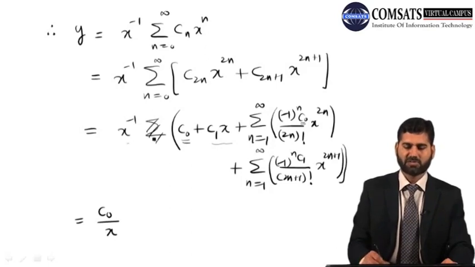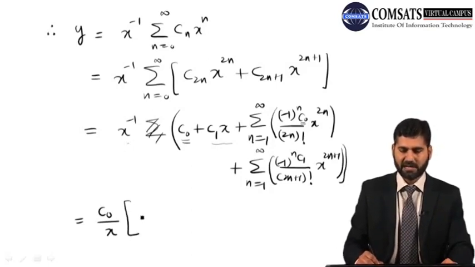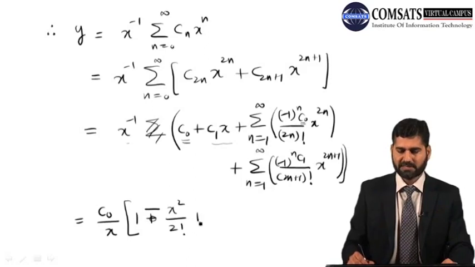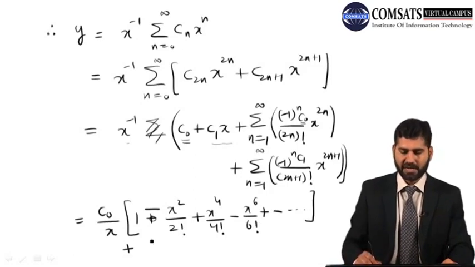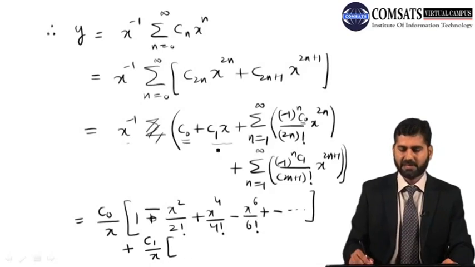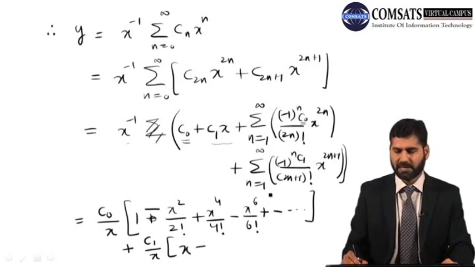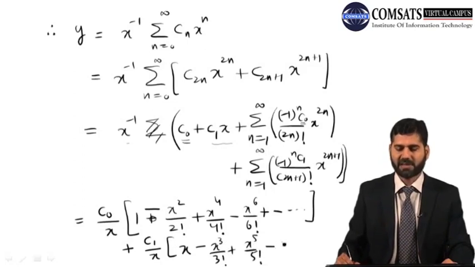This 1 over x is outside, so I brought it out, and inside you get 1 plus, for n equal to 1, minus x squared by 2 factorial plus x^4 by 4 factorial minus x^6 by 6 factorial plus x^8 by 8 factorial, and plus-minus so on. And with c1 you get c1 by x, and inside you get x first, and n equal to 1 gives you minus x cubed by 3 factorial plus x^5 by 5 factorial minus x^7 by 7 factorial, and so on.